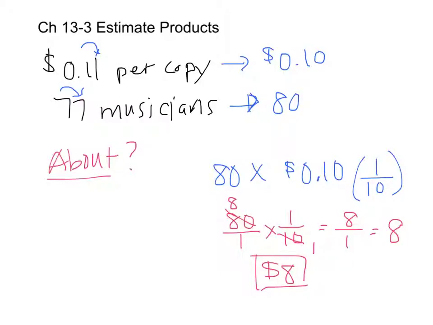Sometimes you can use estimation to check if your answer is reasonable. So before we start the next problem, remember, you can use estimation to check if your answer is reasonable. 420 people went to the symphony one evening, and that night, 0.75 of the audience was adults.